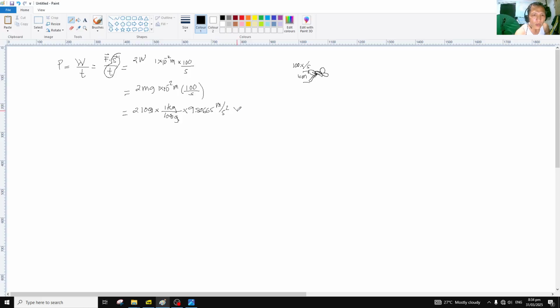Tapos magmumultiply ako times 1 times 10 to the negative 2 meters, ito yung 1 centimeter, and then times 100 per second. Newton meter is joule. Joule per second is 1 watt.